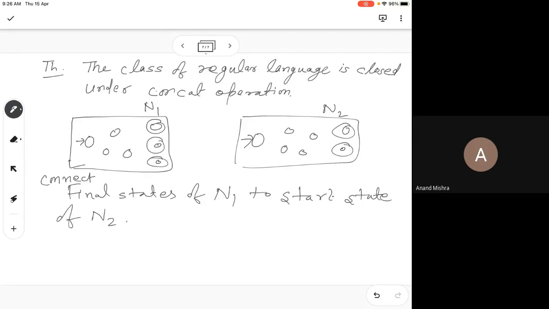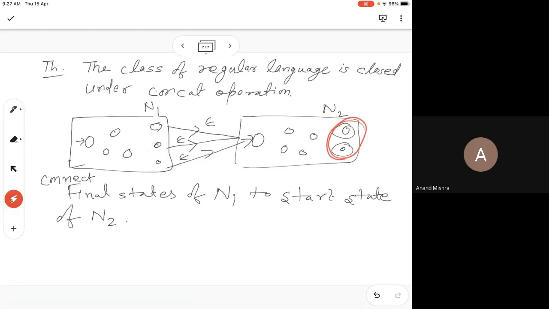The NFA is really nice in that sense. We can connect all these with null transitions, right? And now these will not be my final states in that construction, because my final states will be only these. Only these will be my final states. Connect F1 to Q2.